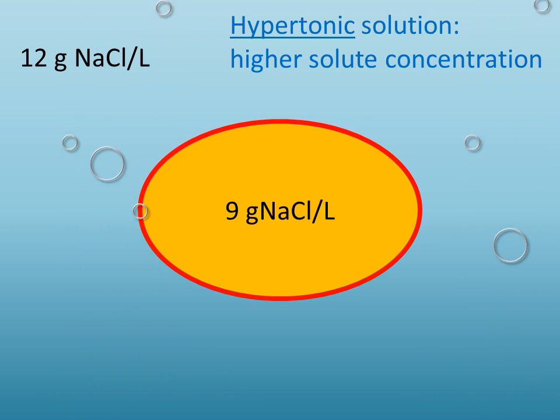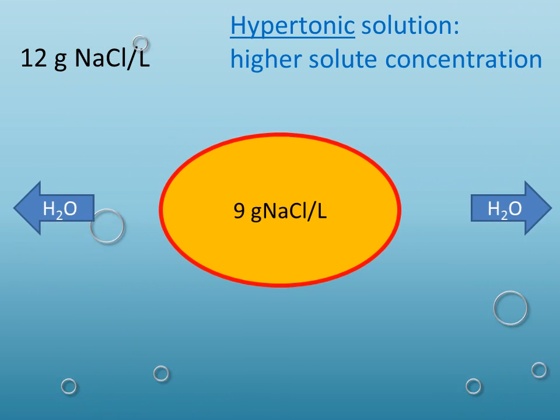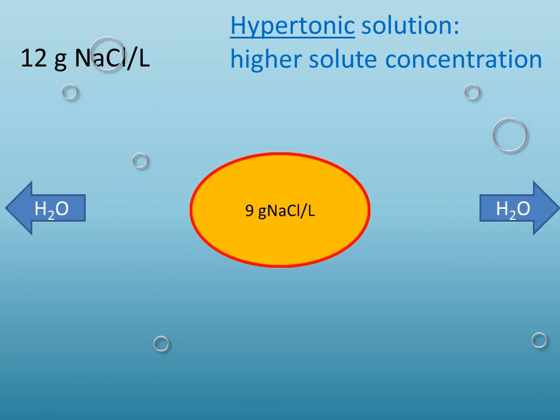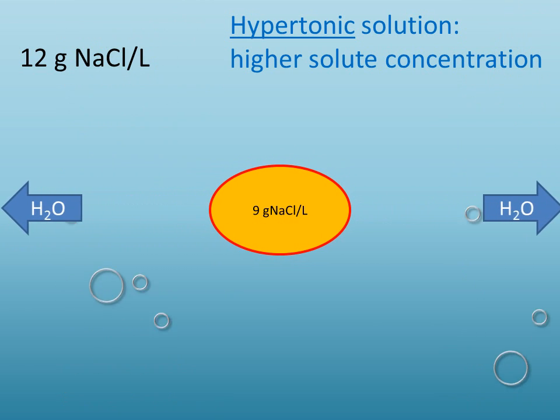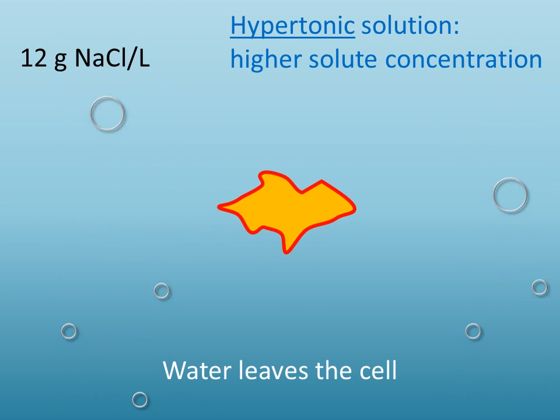Hyper, that prefix means higher. So because of that, water will want to move outside the cell in order to dilute the more concentrated side. So in this case, water will always want to move into the hypertonic solution and will leave us with a shriveled up cell.